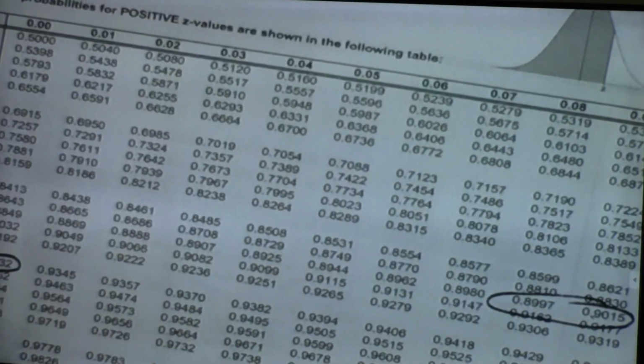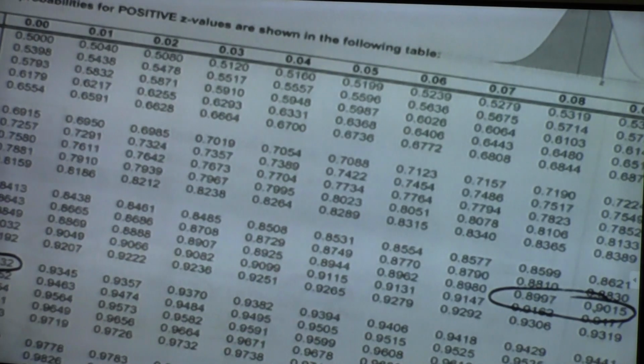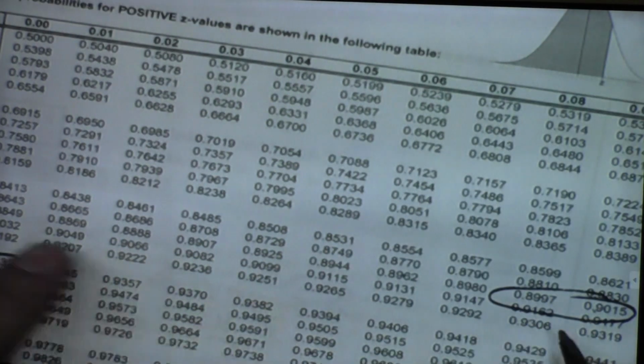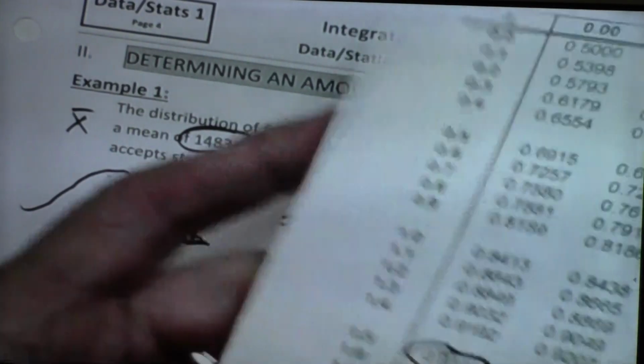We're going to find this and then go back to the z-score here. Wouldn't it be like 6.9? Yes, we need that percent. We need the z-score number in order to put here in the formula.